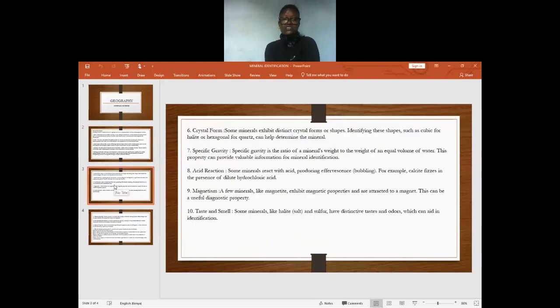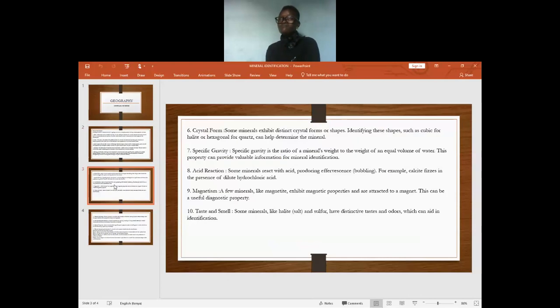Another way to identify a mineral is by crystal form. Some minerals exhibit distinct crystal forms or shapes. Shapes such as a cubic shape for halite or hexagonal for quartz can help to determine the mineral.